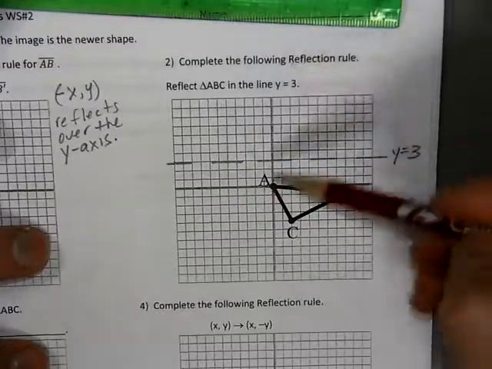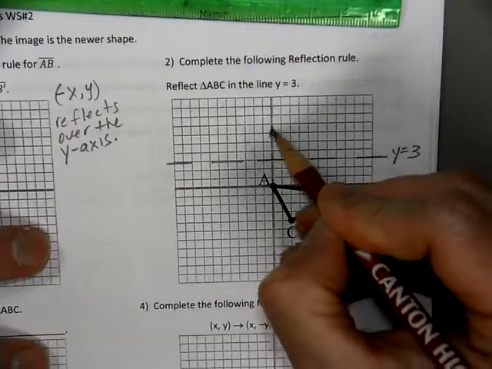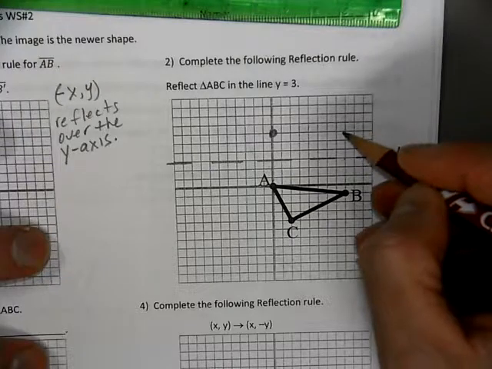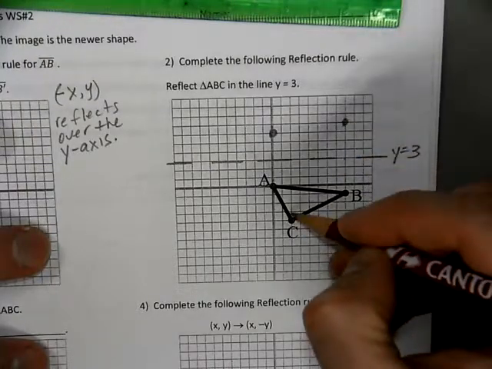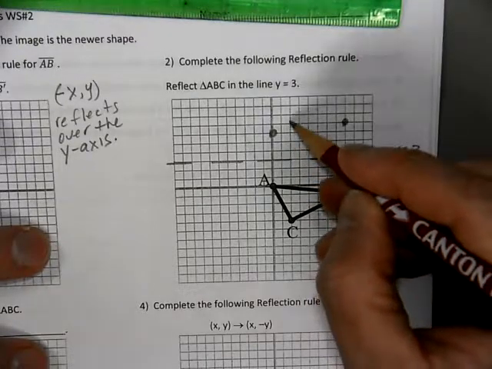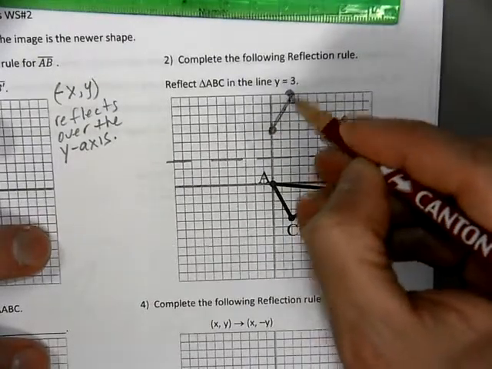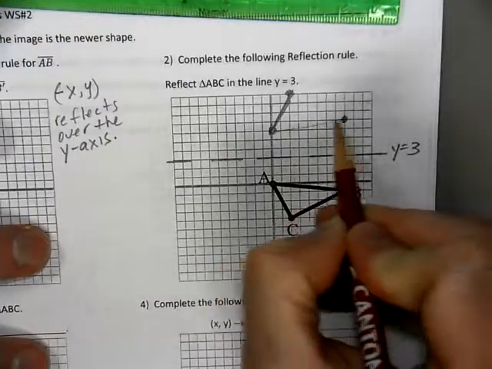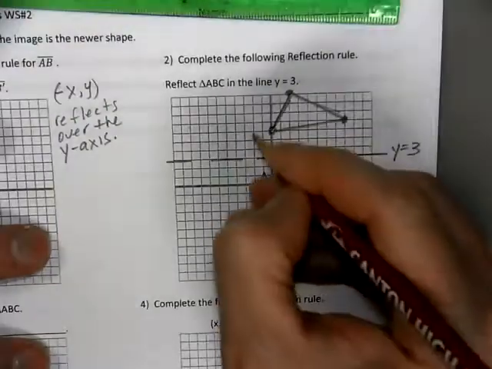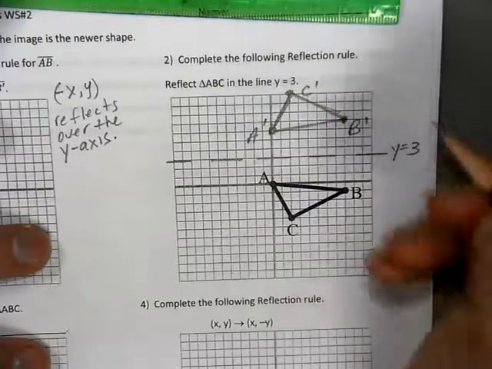So what we do, we count up perpendicular to it. 3 to it, 3 past it. 4, 4 past it. 7, 7 past it. So this becomes A prime, this becomes B prime, this becomes C prime.